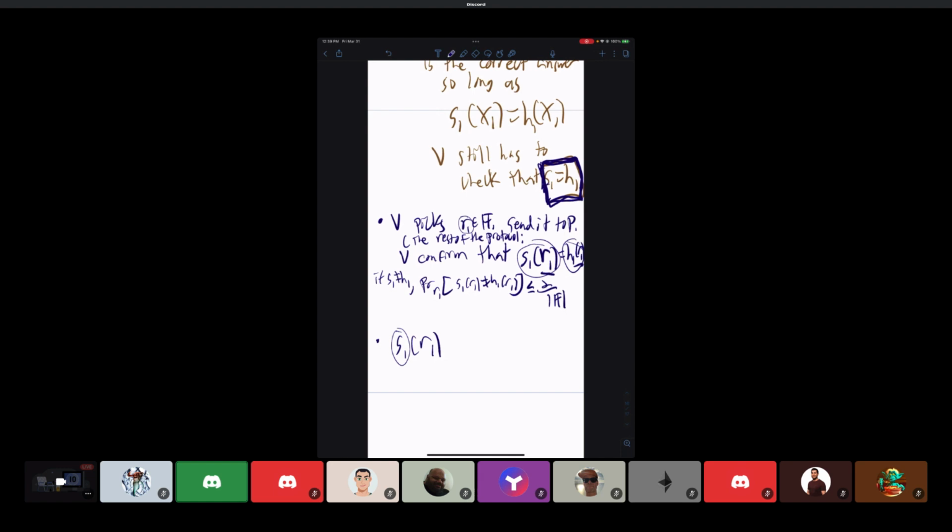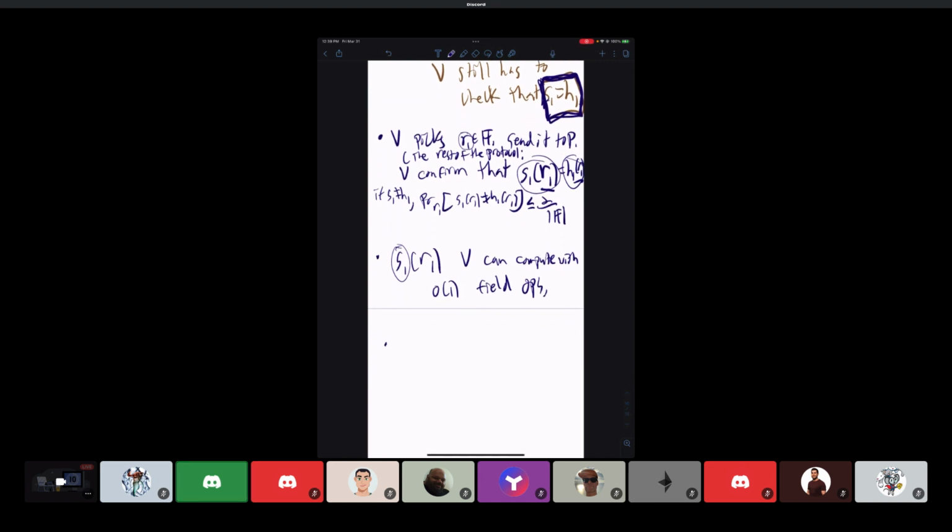If it's sent via its coefficients, it's even easier. So V can compute that with just a handful of field operations, something like 6 field operations. The big problem is H1 of R1.